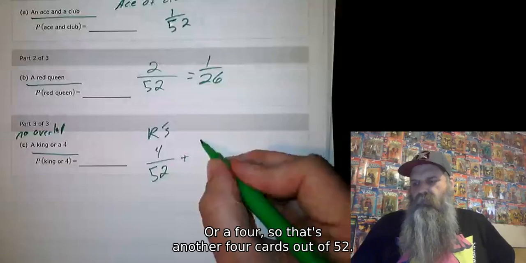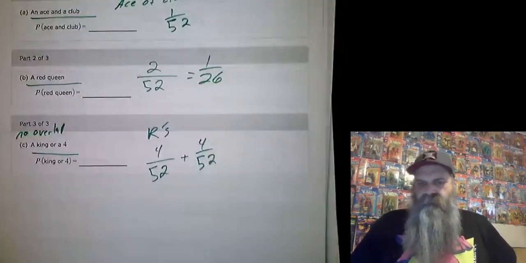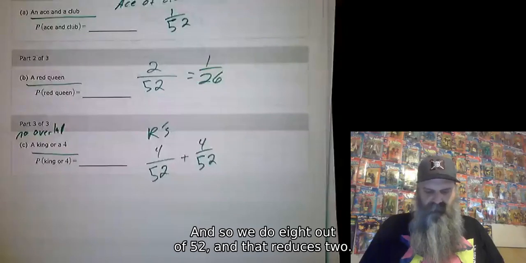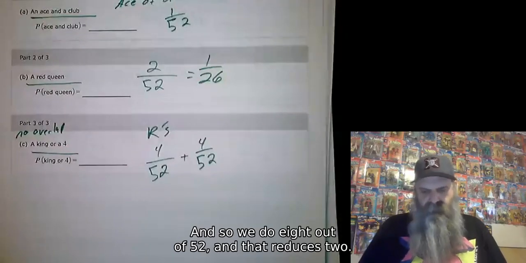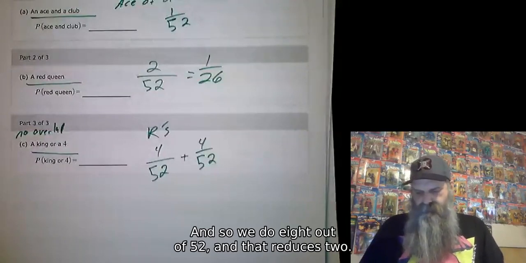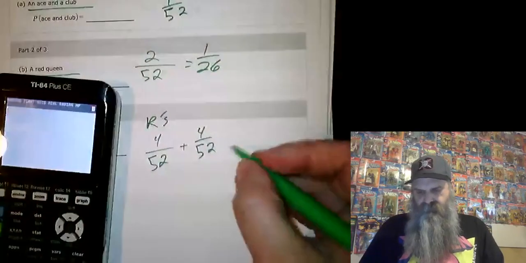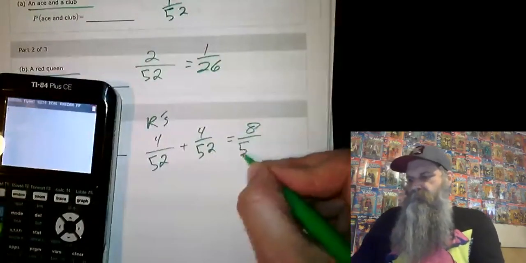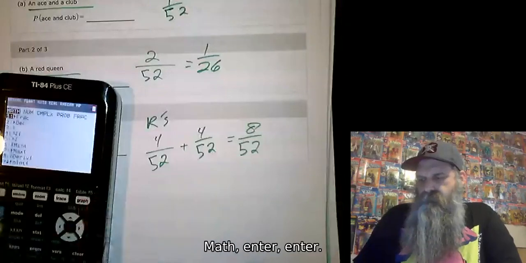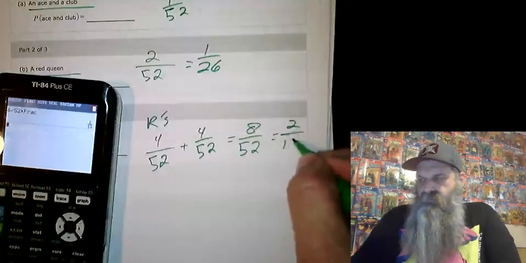Or a 4, so that's another 4 cards out of 52. And so we do 8 out of 52. And that reduces to, math, enter, and we get 2/13.